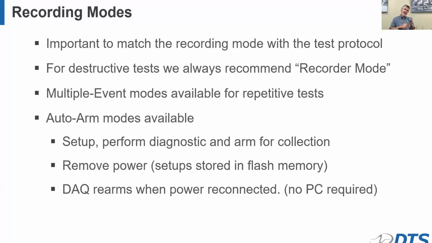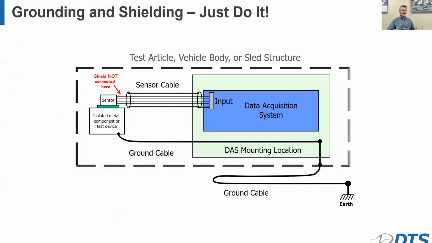This is important if you're going to go out and do a field test, and you don't want to have to plug a PC in all the time. So very important. Our hardware supports that, the software supports it, and if you find that helpful, then sometimes that's very helpful in extreme environments, particularly destructive environments with a lot of safety protocols.